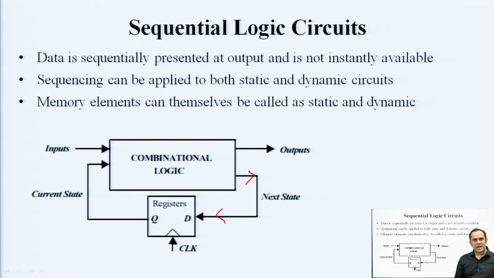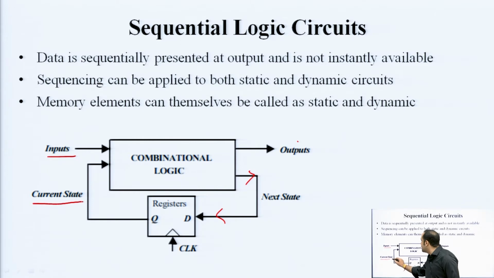So, at any time t, if you are trying to calculate what your output is, that output is dependent on what is being applied at the input, the present input, and it is also dependent upon the current state of the system. What state is the output or the system currently exhibiting?